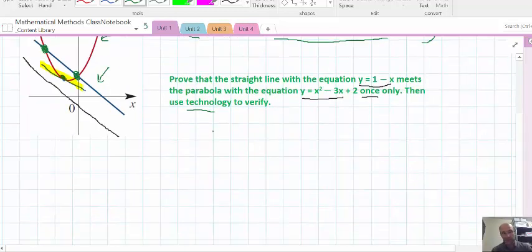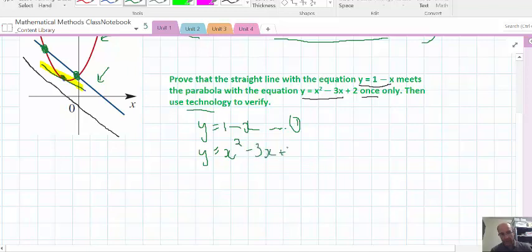So what we do is that if we've got y equals 1 minus x, equation 1, and we've got y equals x squared minus 3x plus 2, equation 2, we can substitute 1 into 2.